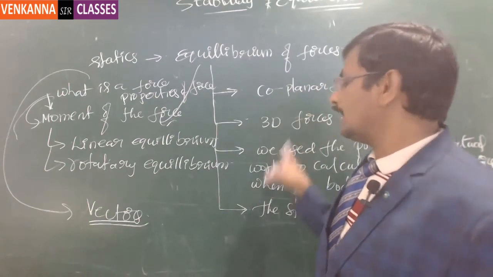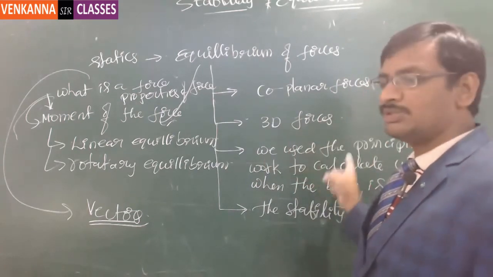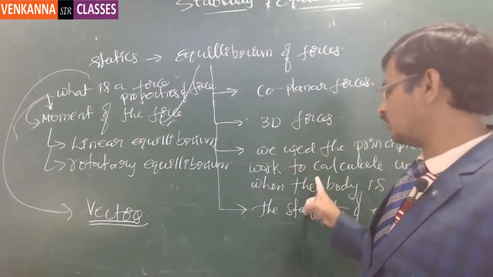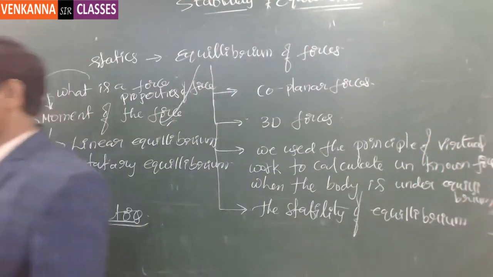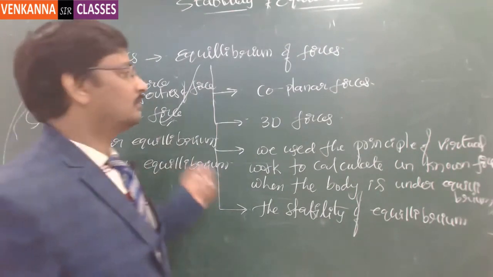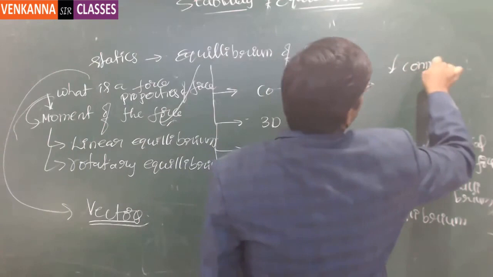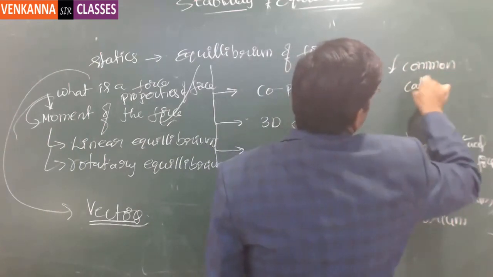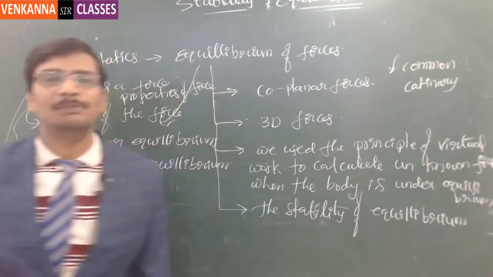In the case of unknown forces in an equilibrium system, we use the principle of virtual work to identify the unknown force, and then we analyzed the stability of equilibrium. That's all. Right? The common catenary is also a part of this equilibrium of forces. So this is the complete statics syllabus.